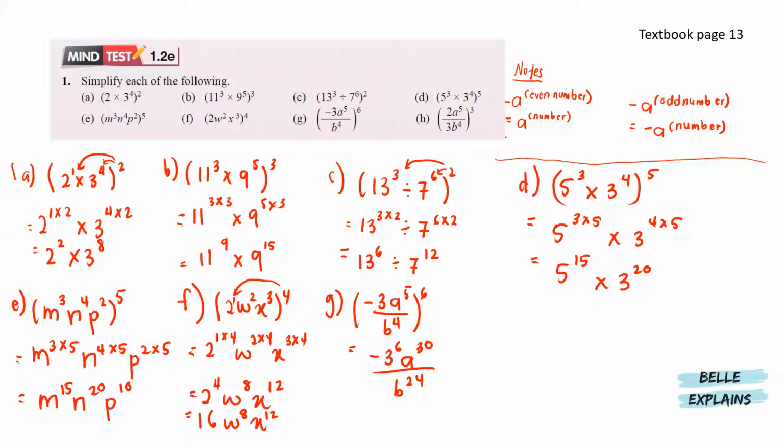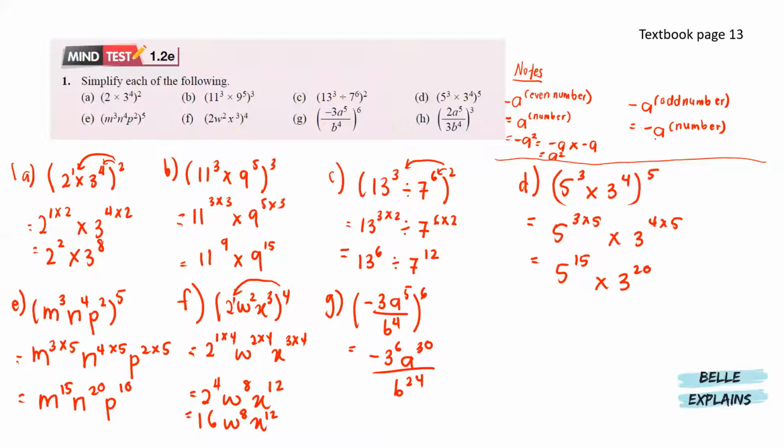So for example, we have negative a to the power of 2. This means negative a times negative a. So negative and negative will give us a positive, so we'll get a to the power of 2. Okay, so you understand here, a negative base, when it's to the power of an even number, will give us a positive base value.